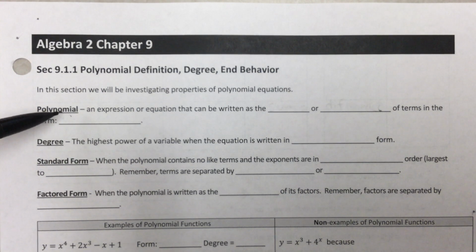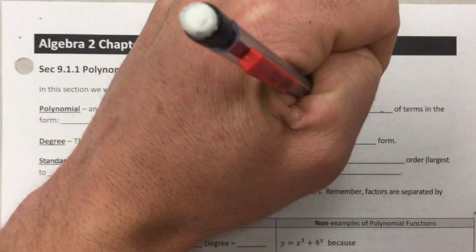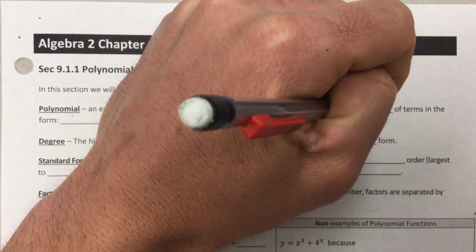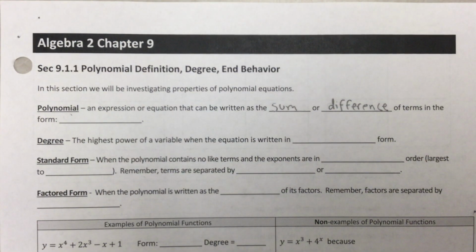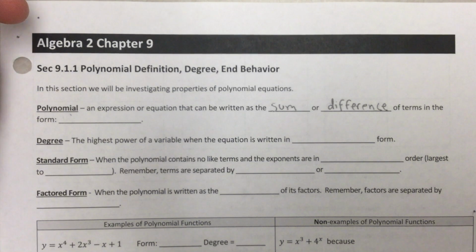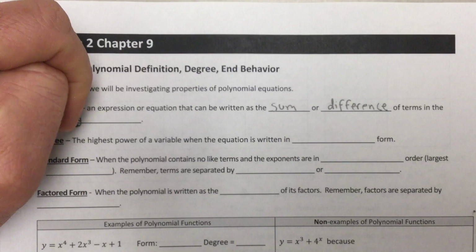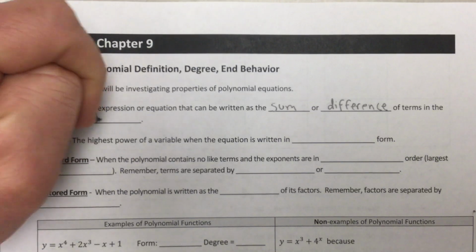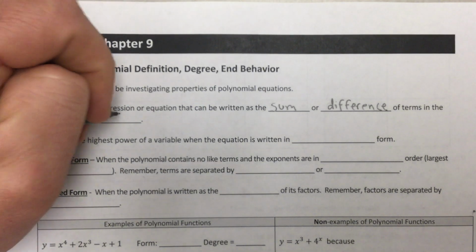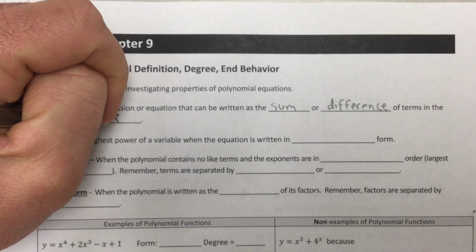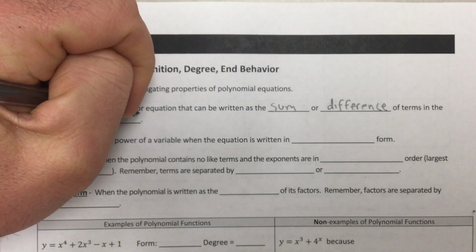So a polynomial is an expression or equation that can be written as the sum or difference of terms, and those terms have to be in the form of any number, can be your coefficient, so it can be rational, irrational, anything, times your variable x, but the exponent must be a whole number.